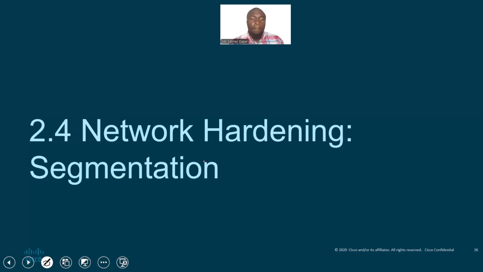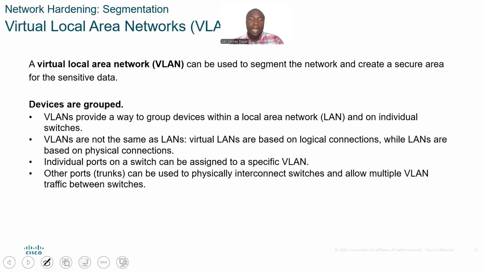All right. How about network hardening segmentation? So a VLAN is just a virtual local area network. When we say a virtual local area network, it's a local area network actually, but it's segmented.